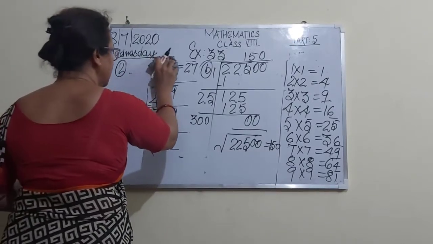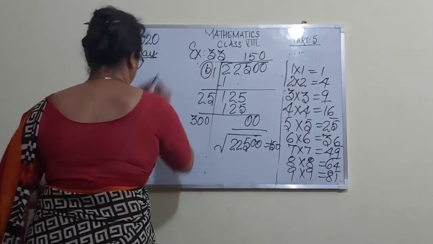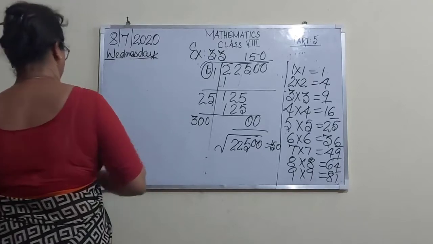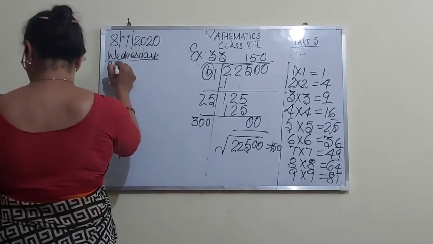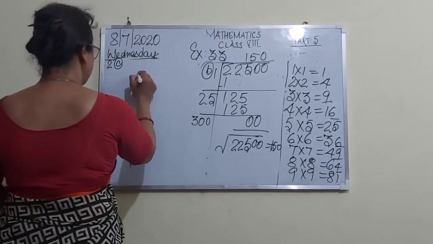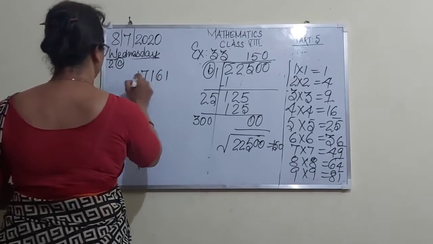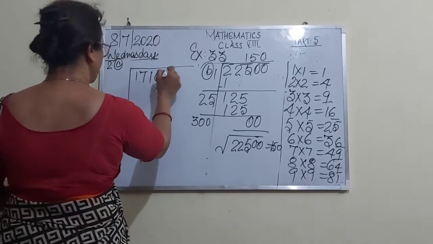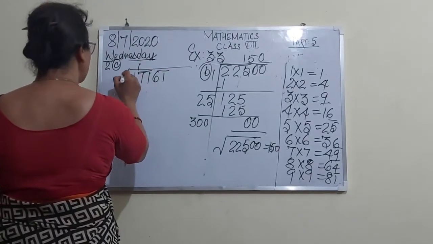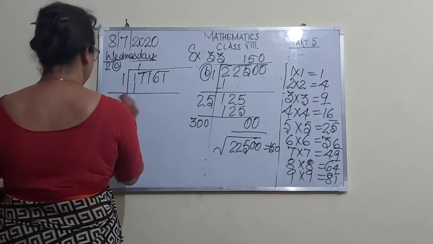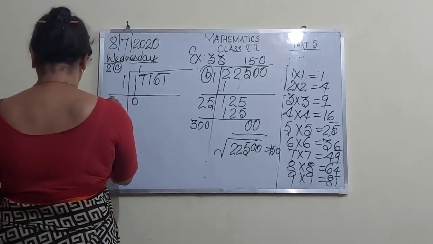Now it's C part. C part is 17,161. Again we will make groups of 2, 2. 1 1s are 1. What is remaining? 0. This is 2.